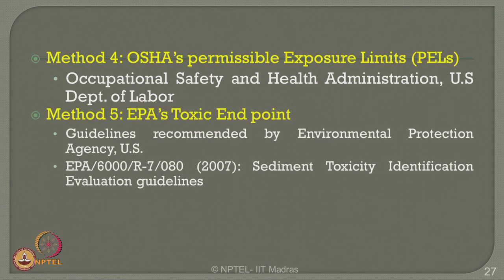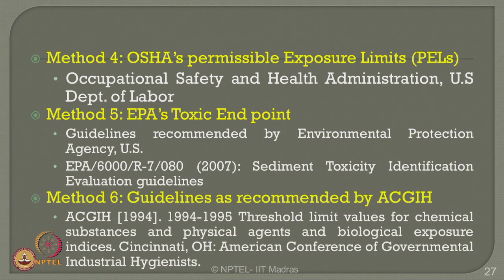The fifth method depends upon the EPA's toxic endpoint, which is based on the guidelines recommended by the Environmental Protection Agency, EPA, of United States. EPA 600/R-07/080 of 2007, which talks about the sediment toxicity identification evaluation guidelines, serves as a target value for checking the toxicity limits on humankind.